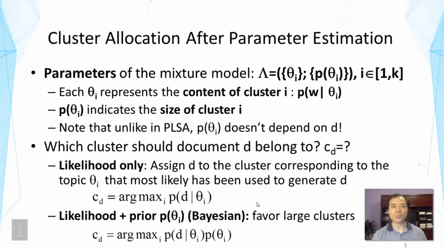That intuitively makes sense, because the chance of a document being in a large cluster is generally higher than in a small cluster. So this means once we can estimate the parameters of the model, then we can easily solve the problem of document clustering. So next, we'll have to discuss how to actually compute the estimate of the model.